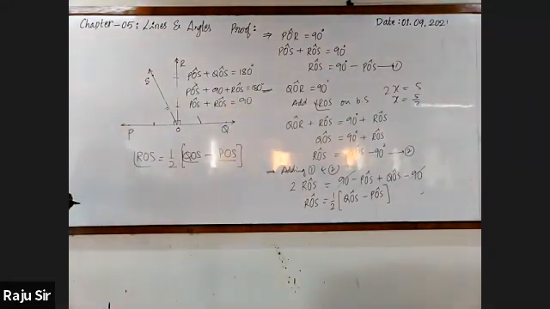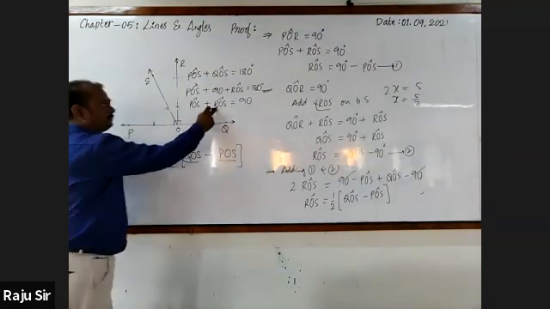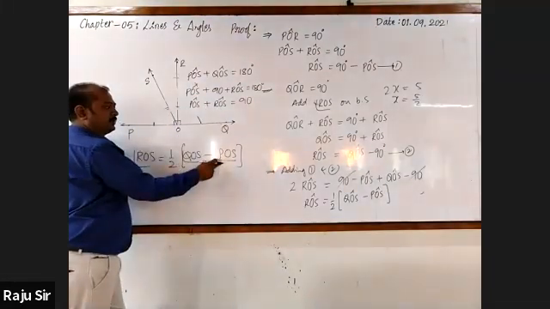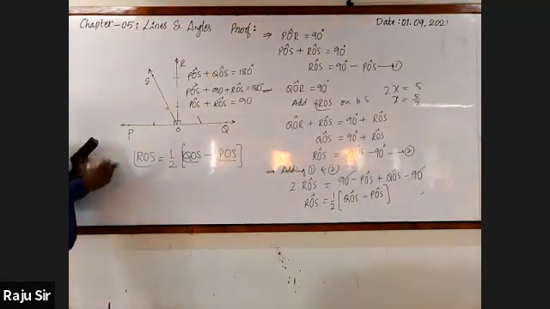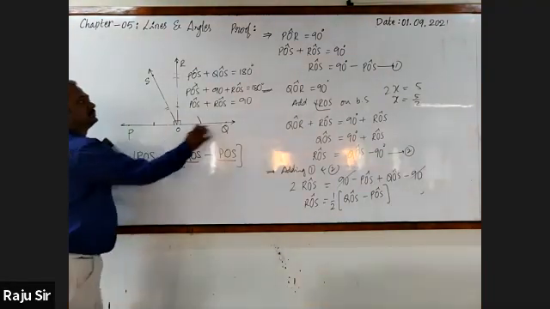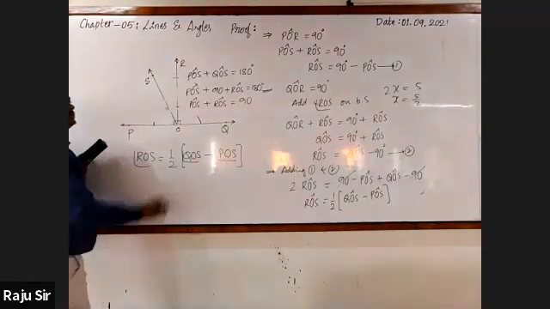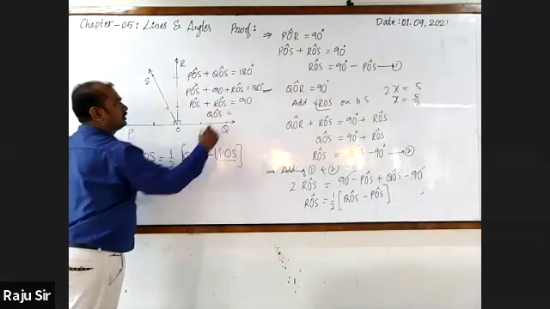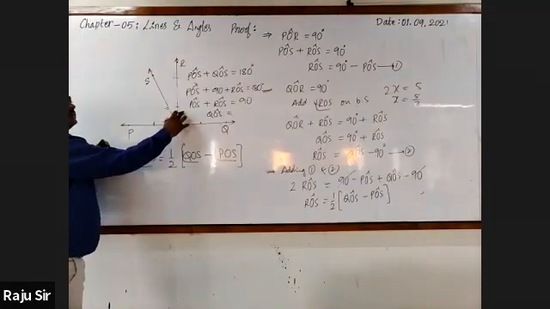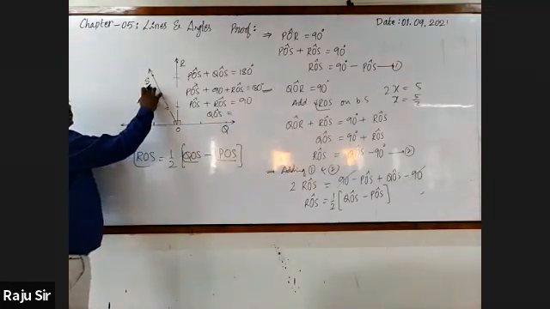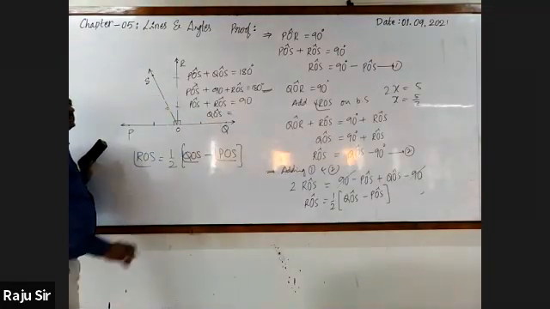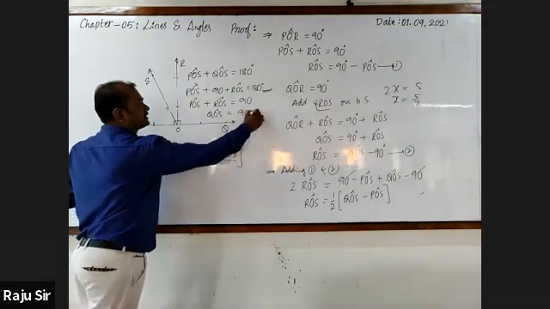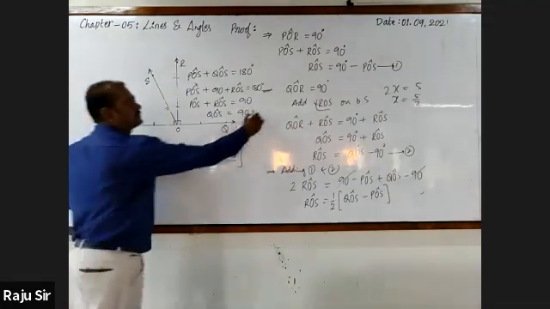Further, in terms of POS, we have written QOS, which is equal to 90 plus ROS.